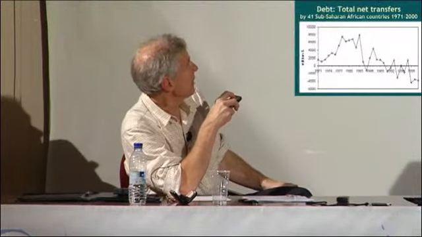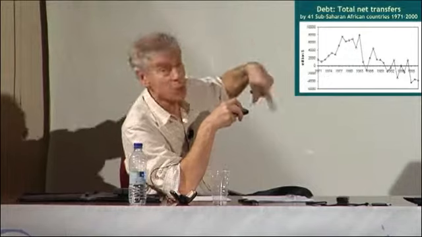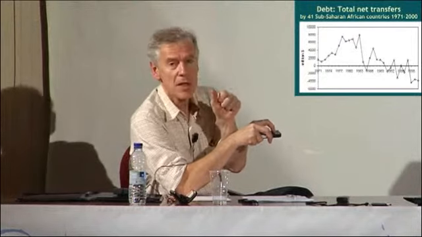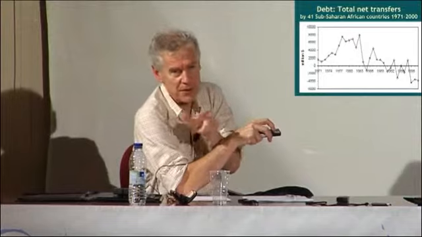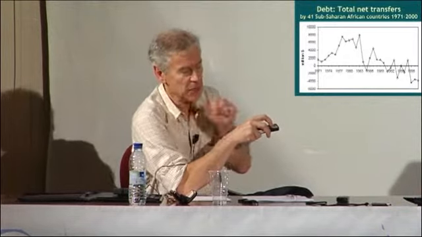Here's a bit of historical information about the African debt. And I think the striking thing here is that this is total net transfers, but only in the case of loans, both private loans, but it's mainly official loans. Africa receives, by and large, mainly official loans.